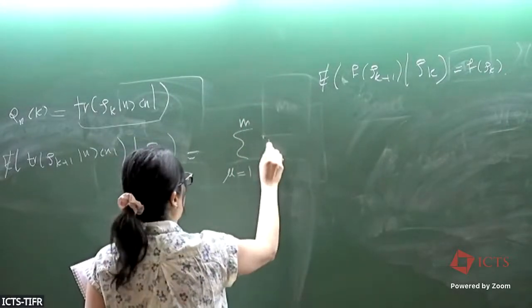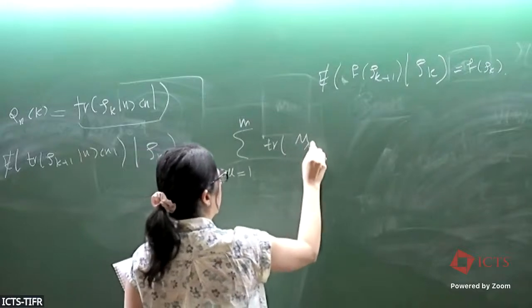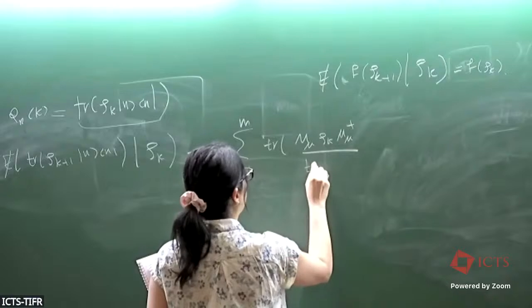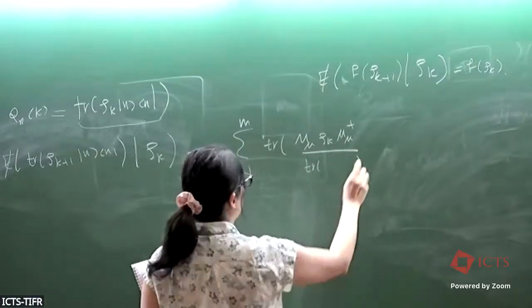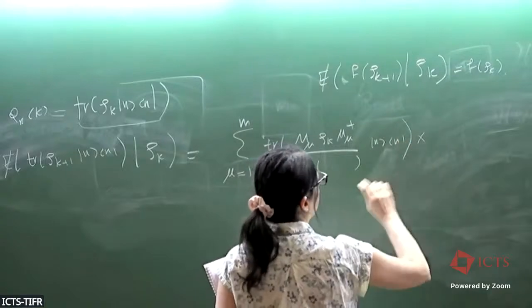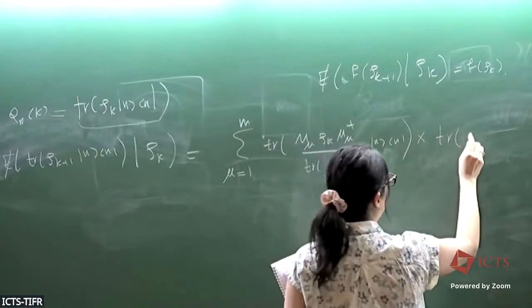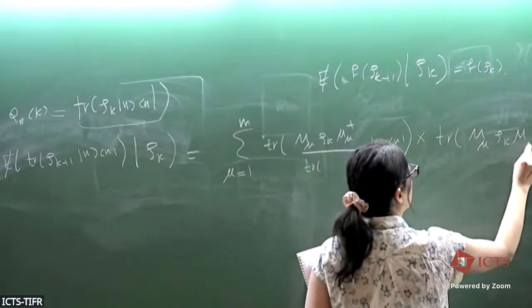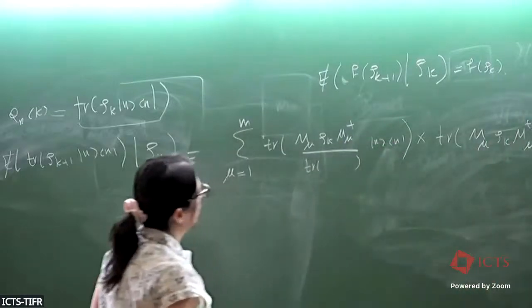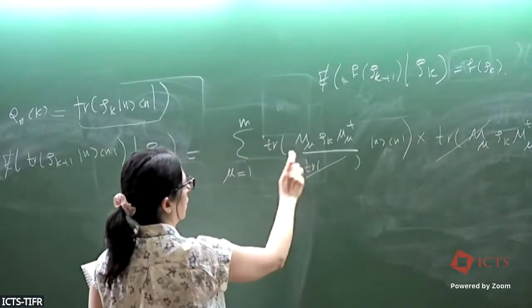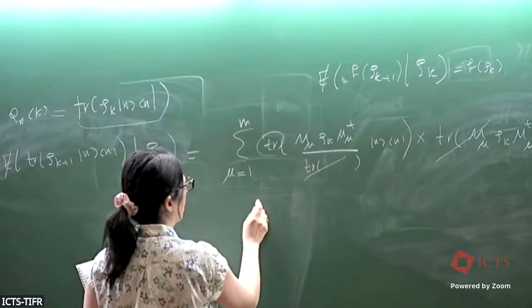So trace of mu rho k mu dag, over the trace, and n, and multiplied by the trace, which is the probability to get the measurement result mu. So you can see this is simplified, and the sum, because the trace is linear, the sum can go inside.